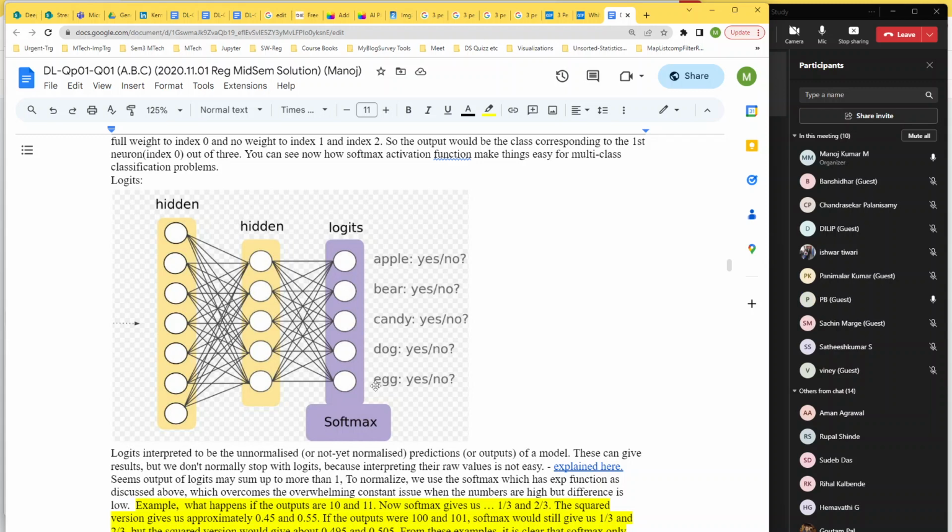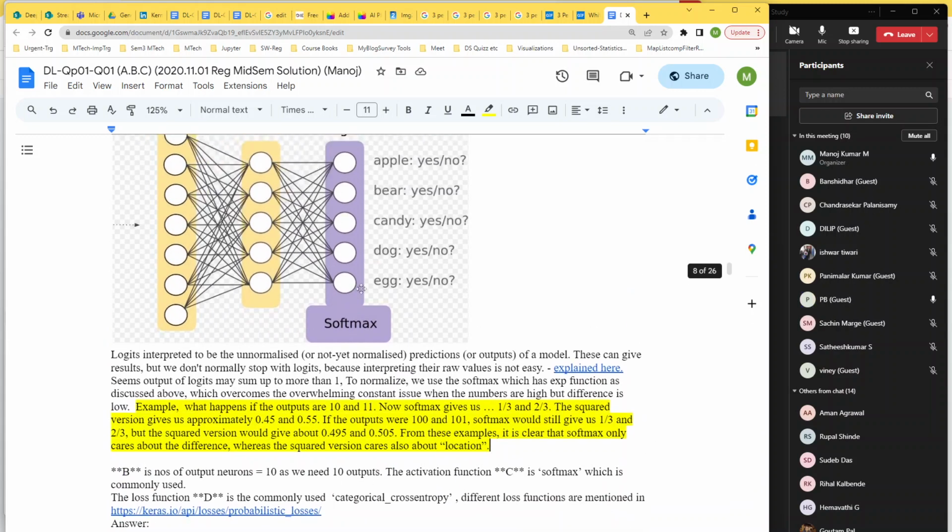Like the softmax, what you said is right, it will make values from 0 to 1, and then the highest probability part, for example if Apple is having 0.7 and all others are less than that, it will make Apple as 1 and all others will be 0. Yeah, you are right.